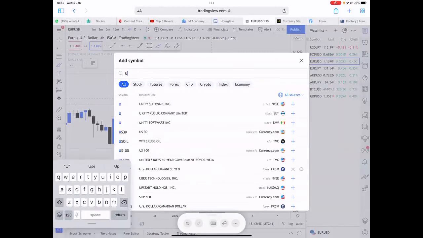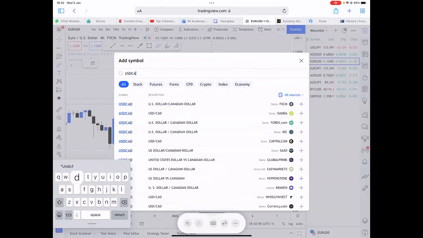Let's say USD CAD. Let's assume. Don't click on any other thing except FX and except Oanda sources. When you search USD CAD, you see a lot of USD CAD, different sources. Pick Oanda. Now, why did I say pick Oanda?